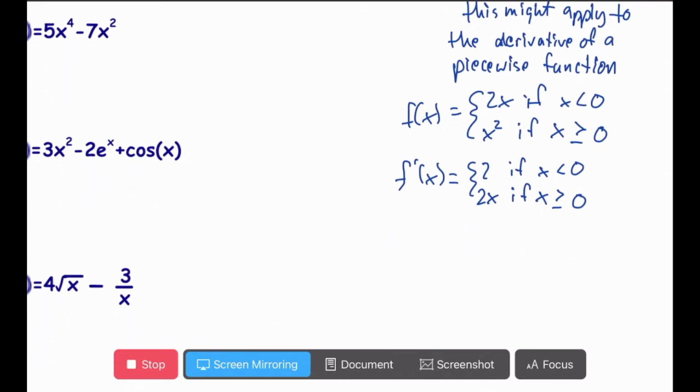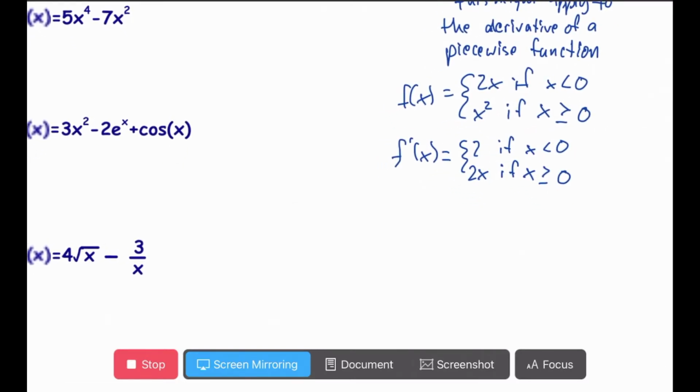And what is that going to look like? Well, let's take a look. So 2x if x is less than 0. So it's just going to be a linear function with a slope of 2 until we get to 0, and then it becomes a quadratic. So something like that. And let's draw our derivative function.